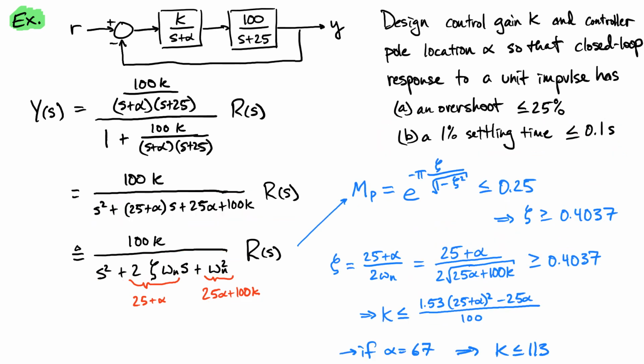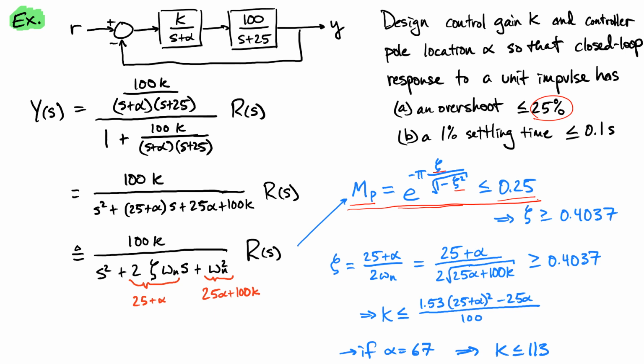Similarly, we're going to write down our time domain specification for overshoot, and that says that this formula has to be less than 0.25, because again, this is our time domain specification for overshoot. And so in this case, it makes sense to go ahead and calculate from this equation what the value of zeta is, because this is all in terms of zeta, this damping ratio.